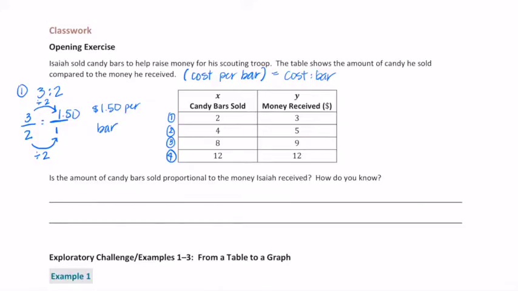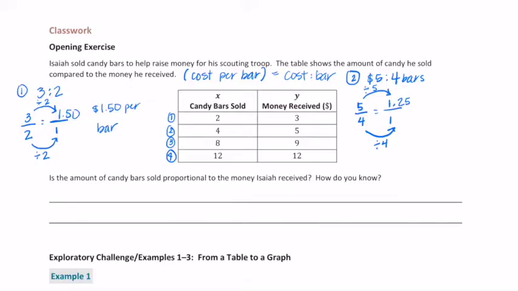In our second situation, we see a $5 to 4 bars ratio. Again, I'm going to put it in fraction form. We want to go from 4 to 1, and to get there we divide by 4. So I need to divide 5 by 4 as well, and I get $1.25.